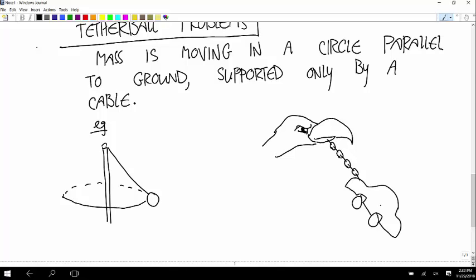Okay, so as long as this car is moving in a circular path, it's horizontal, and it's only supported by a cable, that's a tetherball problem.